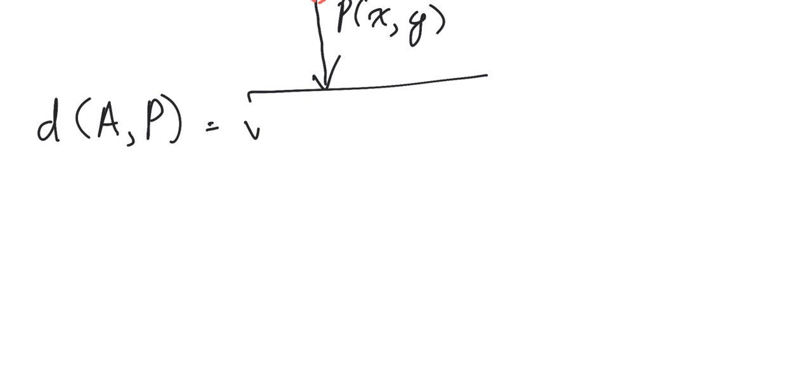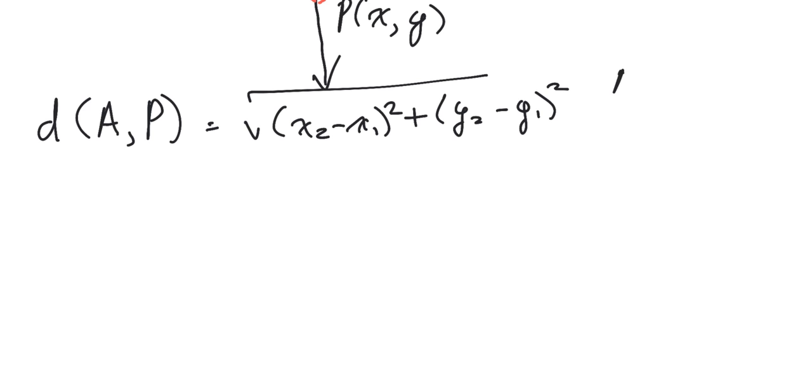You know the distance from A to P is given by the square root of x2 minus x1 squared plus y2 minus y1 all squared, right? Here is A. A is the point -1, 2, and P is the point x, y.